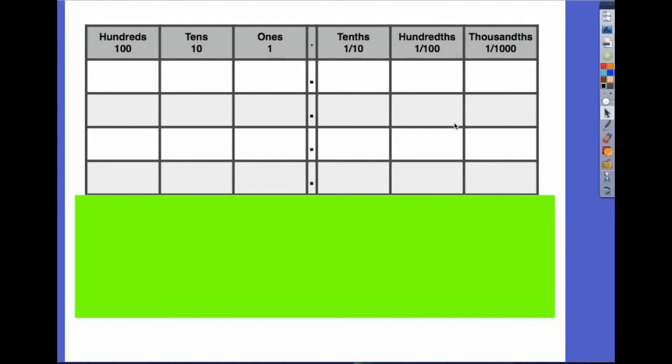So, 1A. We have number 22 times 2 4/10. How do you think we're going to round that?